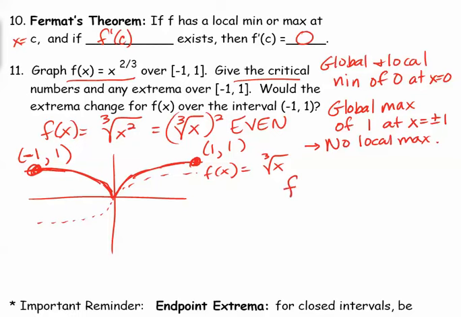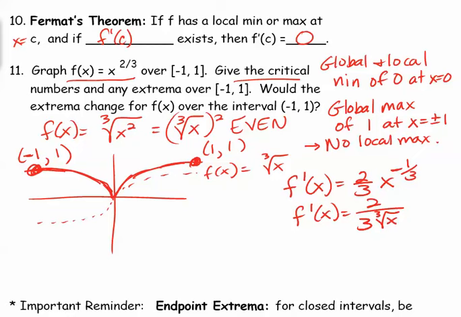All right, then we're also asked about critical numbers here. So we have to do f prime of x. On a recent quiz, some of you had done this problem when it actually was x to the 1/3. So by our power rule, we bring down the exponent, subtract 1. So another way of writing this, of course, would be to put the cube root in the denominator.